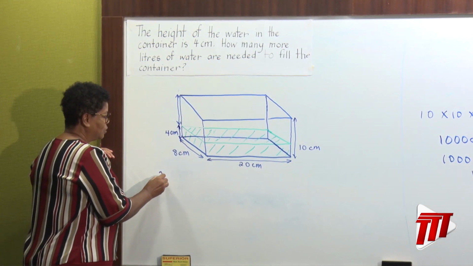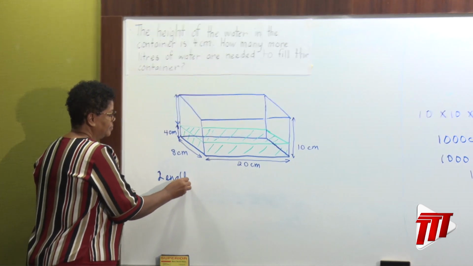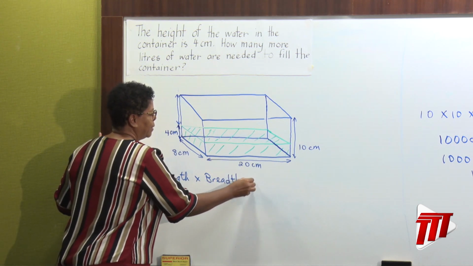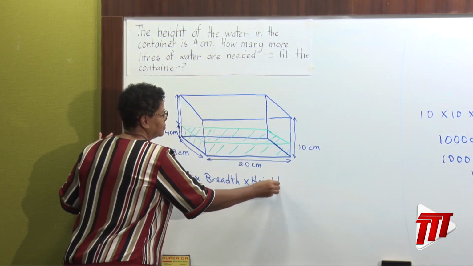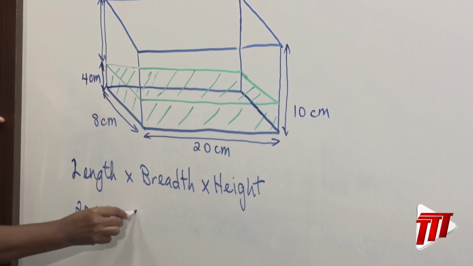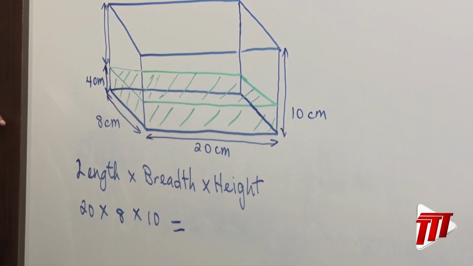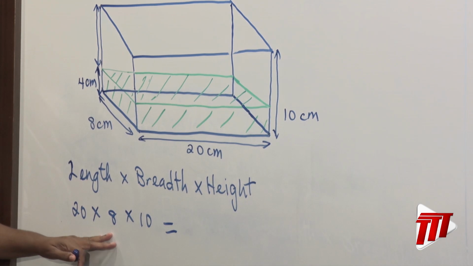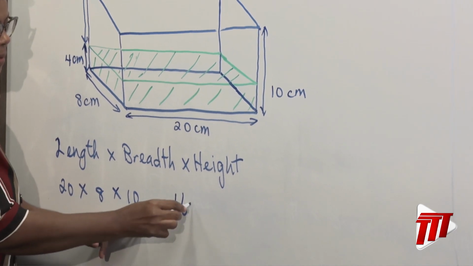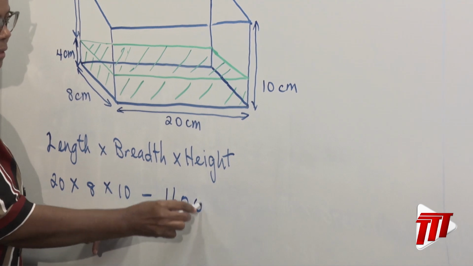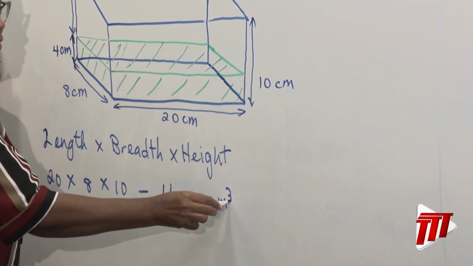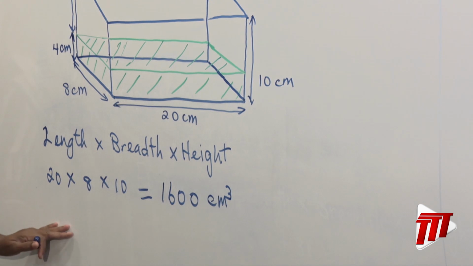So we multiply length multiplied by breadth multiplied by height, which is 20 multiplied by 8 multiplied by 10. 20 by 8 is 160. 160 by 10, we just add another 0. So 1,600 cubic centimeters. That's the volume of the whole container.